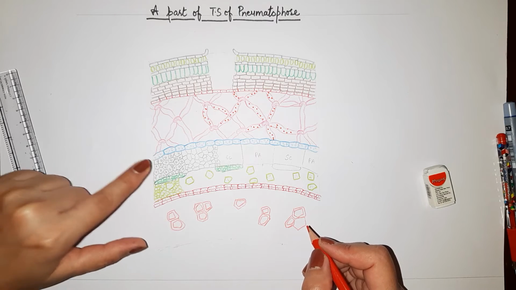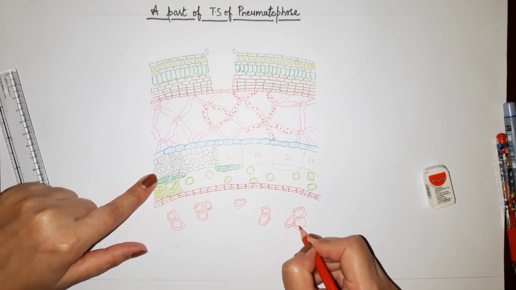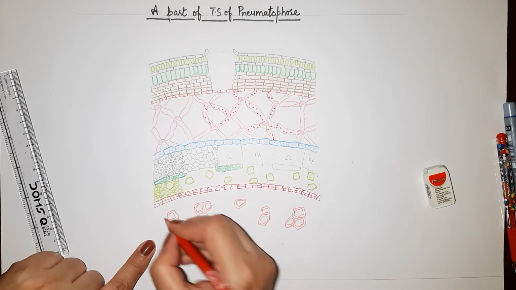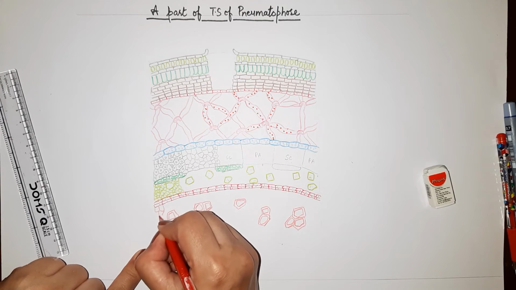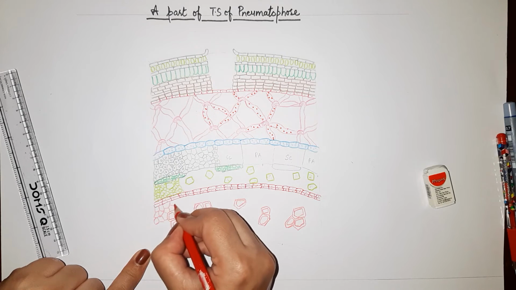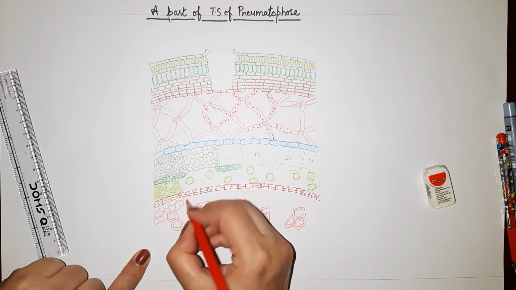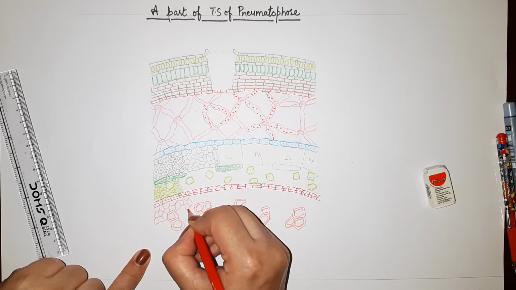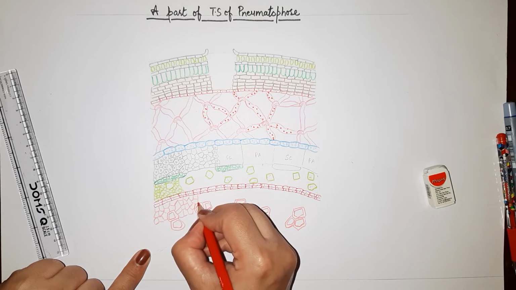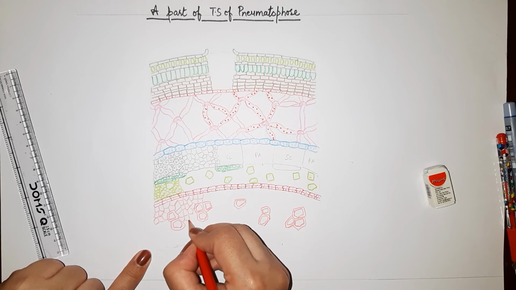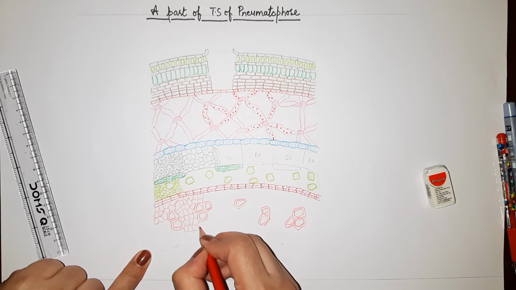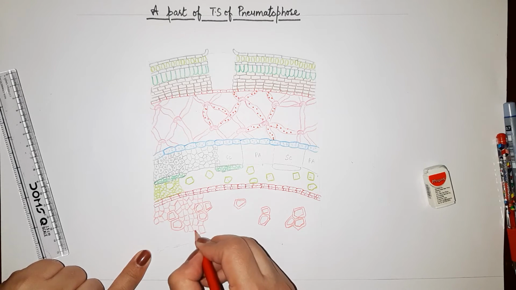Here we have shown the lumen in the form of small circles, but in case of xylem we show a wide lumen. So both the walls should be close together and the rest of the area is to be filled with polygonal cells. I am going to complete just a small portion of this. And all these cells are to be double walled.